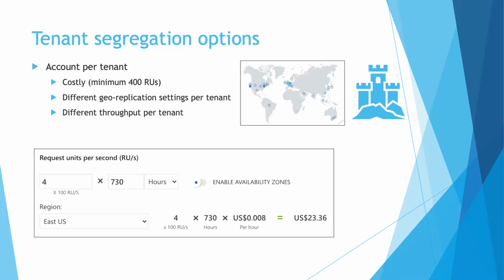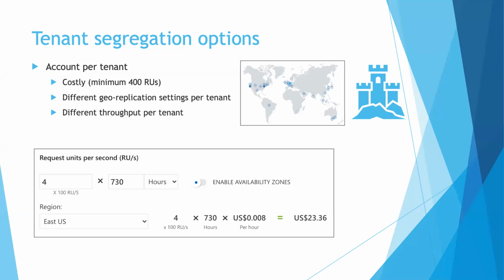So firstly, let's explore the account per tenant. So that is the most costly option, and the reason why it's the most costly option is you need to allocate minimum throughput of 400 RUs. So RUs, for those of you who aren't familiar with Cosmos, are a blended measure of compute and throughput that you actually allocate to the database, which allows you to do your database writes and your database reads.